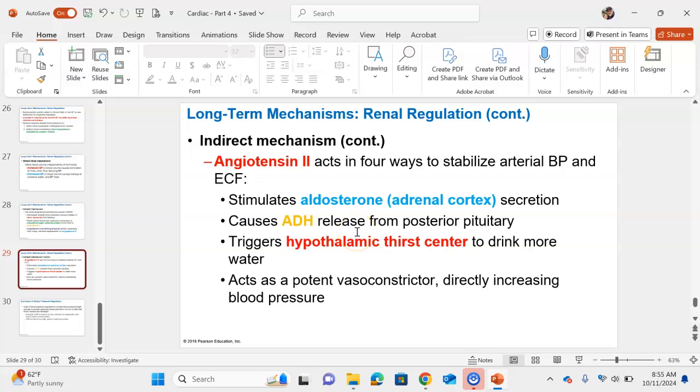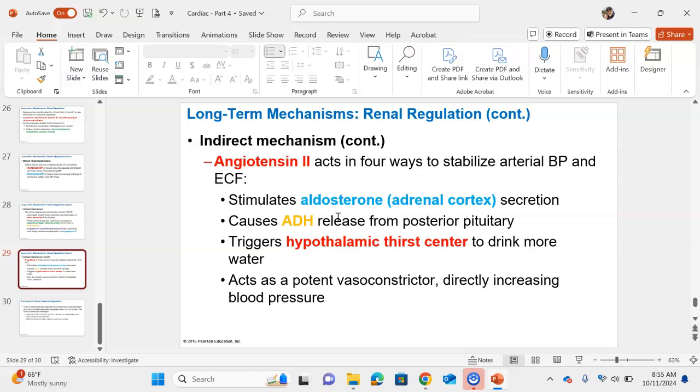And like we're going to see in that unit, water is chemically attracted to sodium. So if the kidneys are reabsorbing sodium because of the influence of aldosterone, they're also going to reabsorb water because of the influence of ADH. So wherever sodium goes, because of aldosterone, water will follow because of ADH. So if the kidneys reabsorb water, that increases blood volume. And if blood volume goes up, blood pressure goes up.